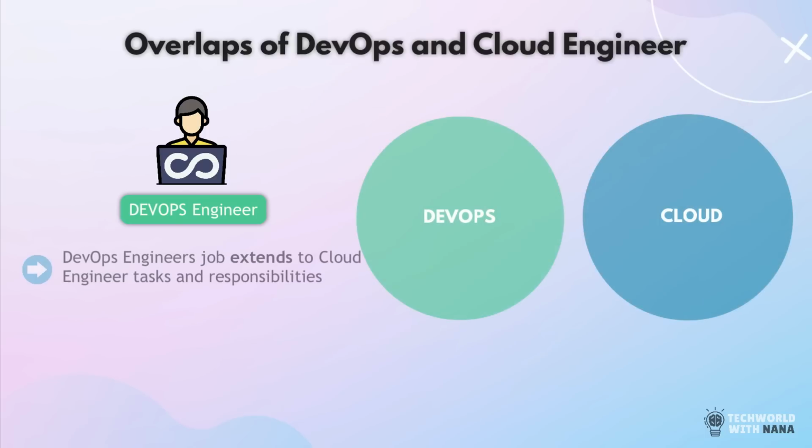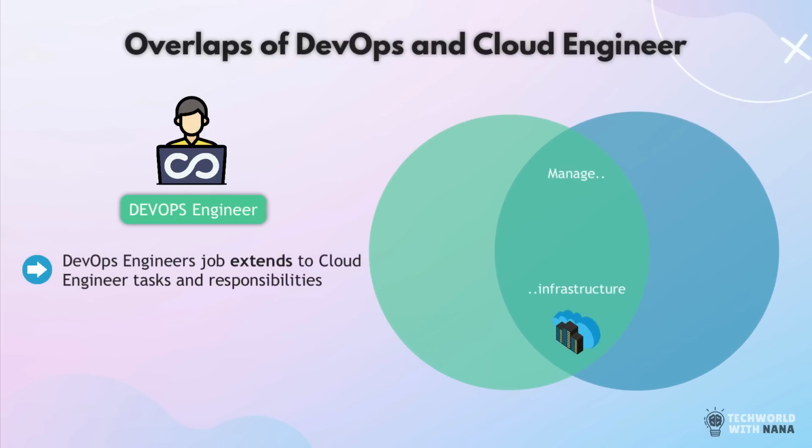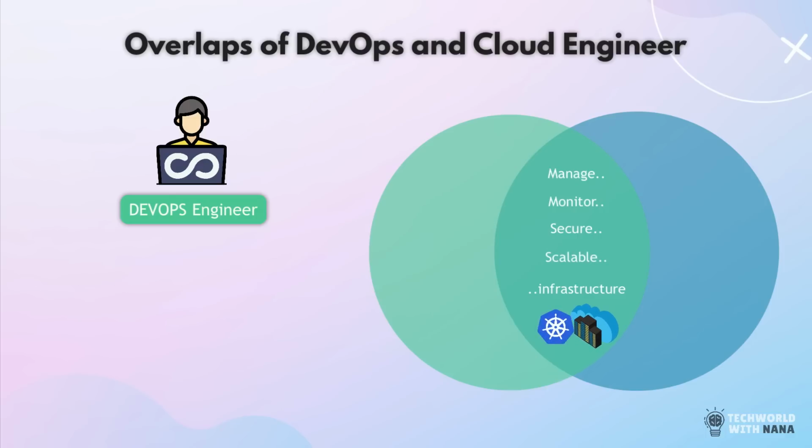So the DevOps engineer's job would extend to managing the underlying infrastructure, monitoring that it's working fine so the applications can be deployed and run successfully, making sure that it's secure, it's not running out of resources, that it's geographically distributed, and so on. If an application is running in a Kubernetes cluster managed by AWS, the DevOps engineer would make sure the cluster is running fine, it's correctly configured with security in place, and so on.